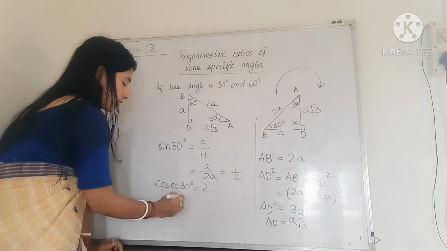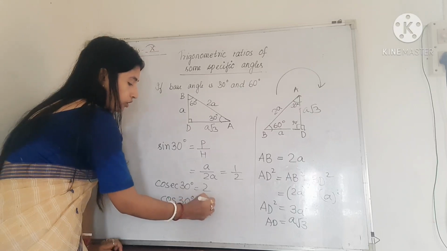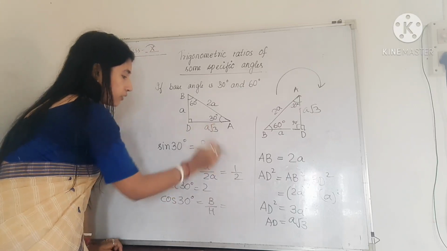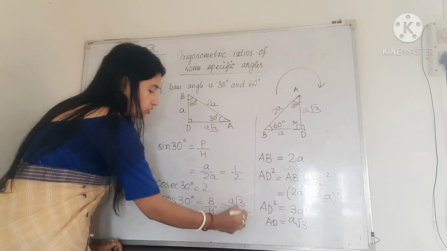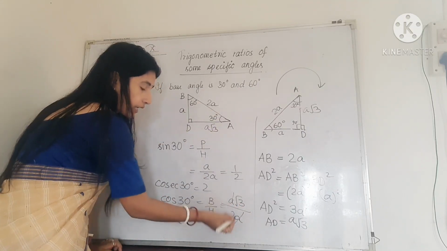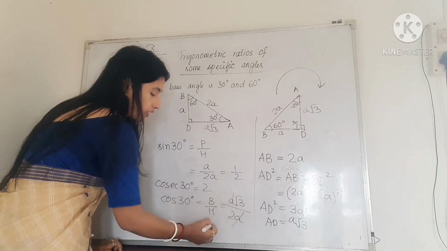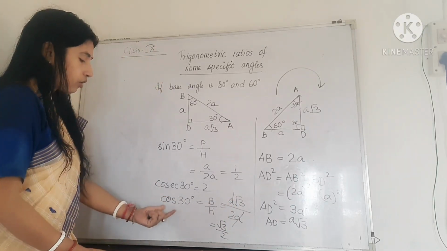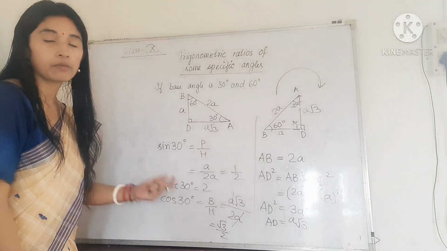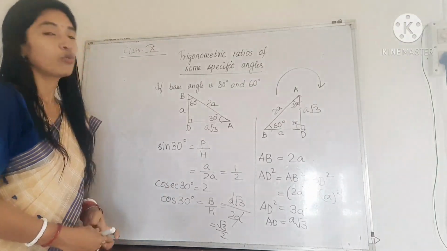So cos 30 degree is equal to base by hypotenuse. So base is A root 3 and hypotenuse is twice A. So just cancel A from numerator and denominator, you will get root 3 by 2. So see, cos 30 degree is equal to root 3 by 2, that means sec 30 degree will be 2 by root 3.